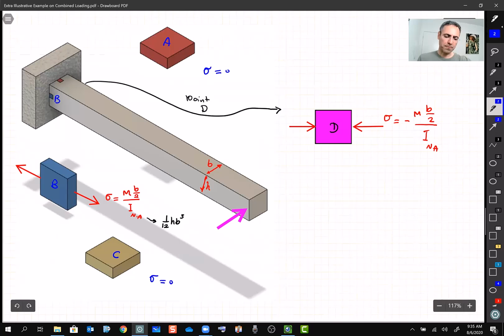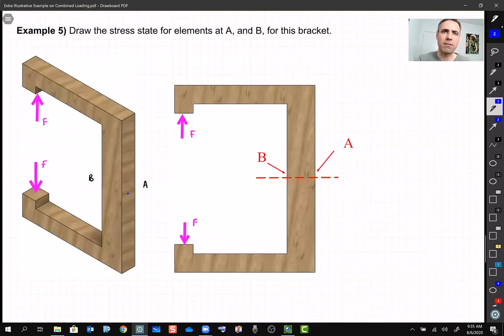So now let's solve an example a little bit more complicated. Okay? Let's say we have maybe a bracket in the form of a C shape or whatever, like this one. For some reason we build this one, and then we apply this load F, right? Like always, this is the way that I suggest starting to solve a problem.